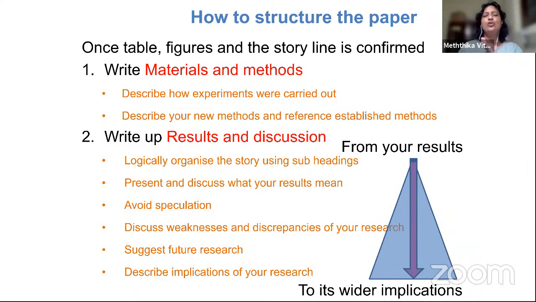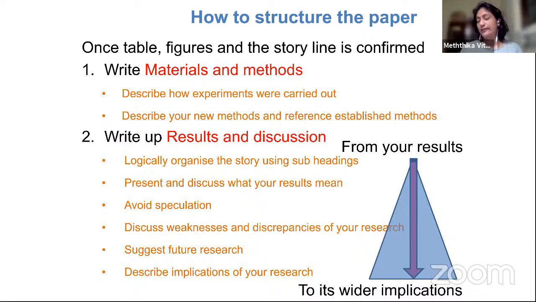But in a paper, you don't write all the details. You write the most important details. In the thesis, you may write that you stir something with a magnetic stirrer for 5 hours, and then you used a Whatman filter paper, you filtered.